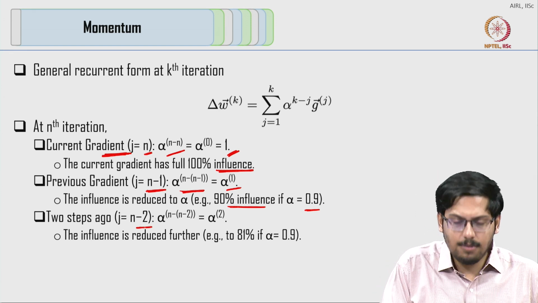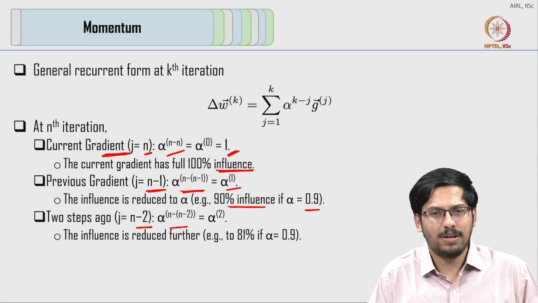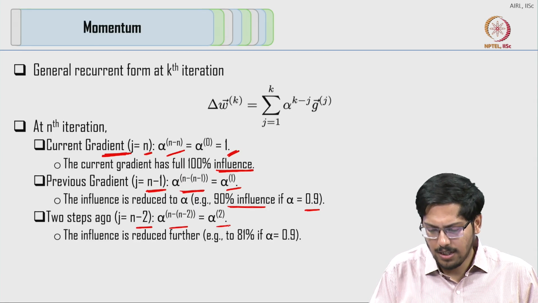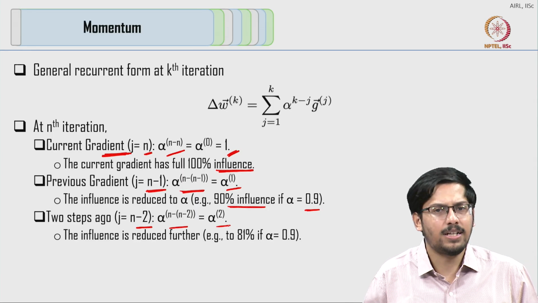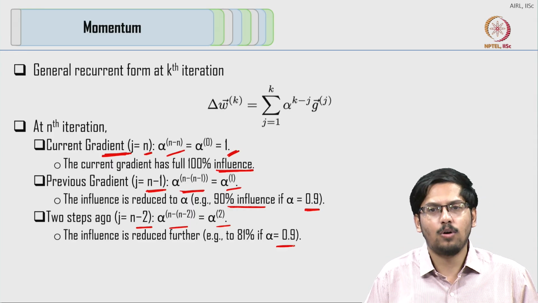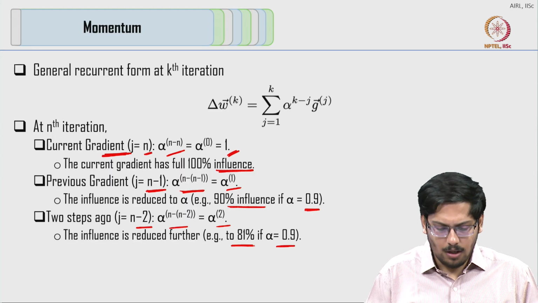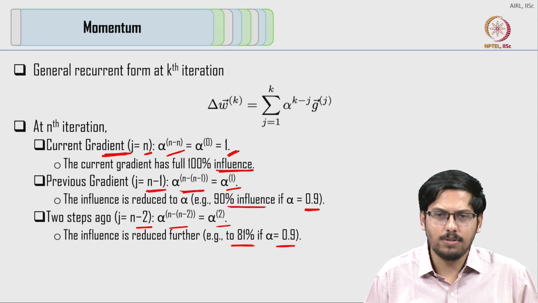So for the n minus 2th iteration, it is alpha to the power 2, which is alpha square. Let's again assume the alpha value as 0.9, because the alpha value would remain constant throughout the whole training procedure. Then the influence is now 81%.